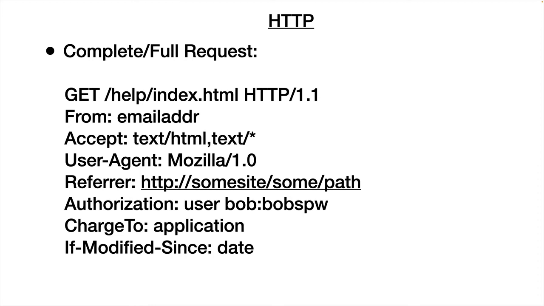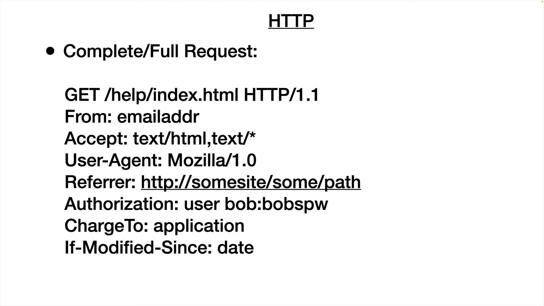If you are going to this website from another website, you might have what's called a referrer. It's what website sent me here, and it will have a URL. If authorization is required, you can put how you're going to authenticate, and in the case of user authentication, you would have a user ID:password.